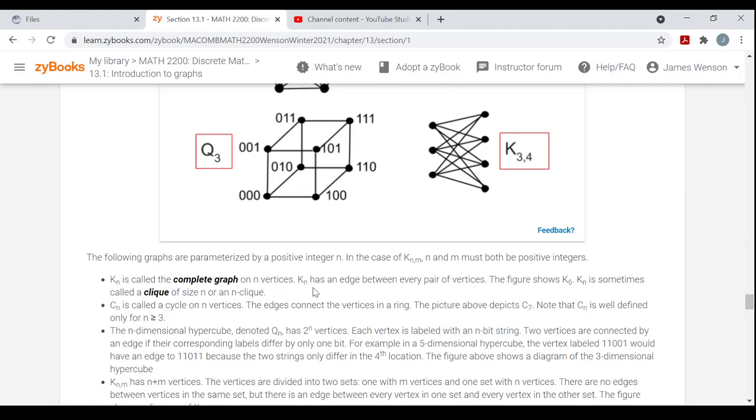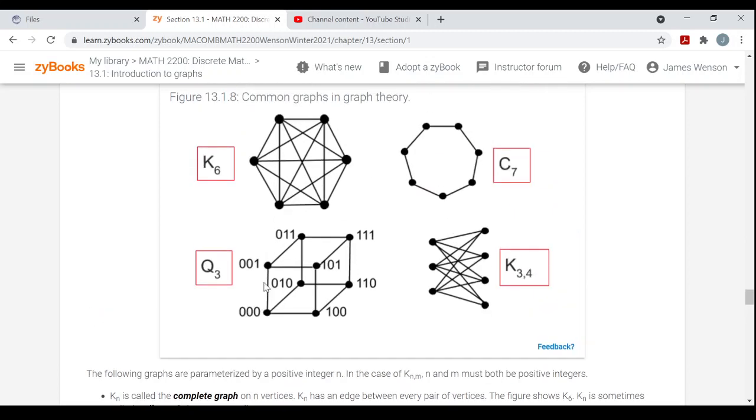K sub n has an edge between every pair of vertices. The figure shows K6. Now K sub n is sometimes called a clique of size n, or an n-clique. And as I mentioned, every complete graph, Kn, is an n-1 regular graph. Every vertex will have degree 5, or degree n minus 1.